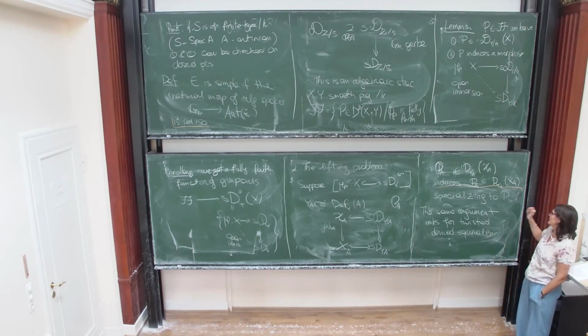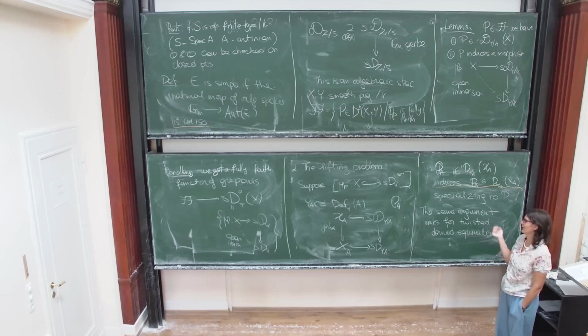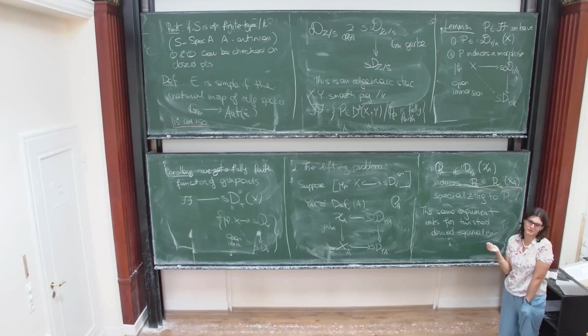This is important because the only application I have in mind of this in characteristic 0 is on twisted sheaves.